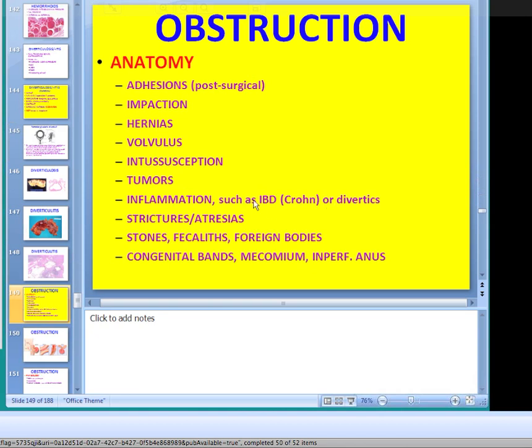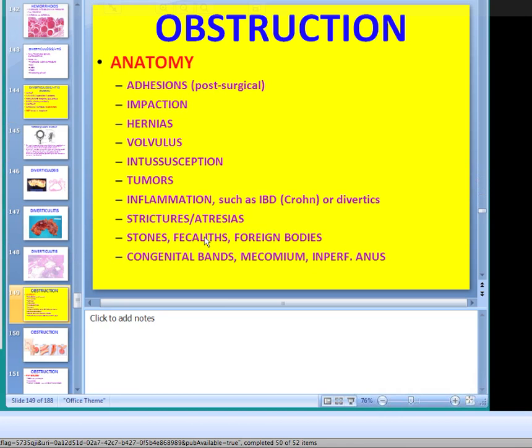You can have obstruction secondary to a lot of inflammation because there's a lot of fibrosis going on, or obstruction like Crohn's disease. You can get strictures and atresias. And remember, strictures are very, very common in Crohn's disease. Or you could have an atresia secondary to severe strictures. Atresia, meaning there's no lumen left. You can have stones.